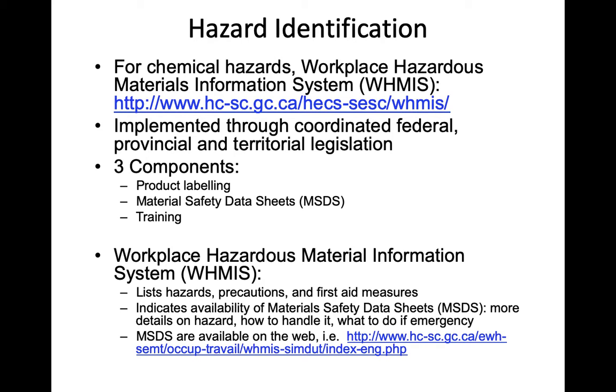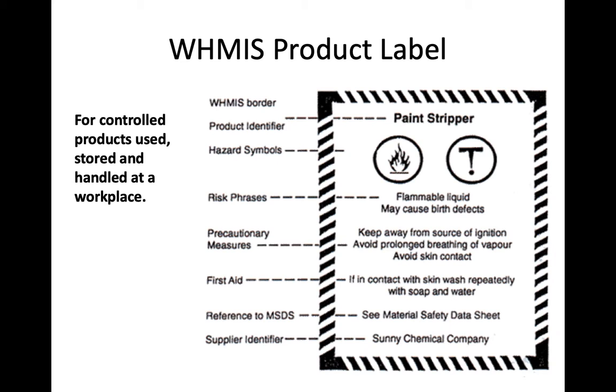There are three components: product labeling, material safety data sheets, and training. In WHMIS, they list the hazards, precautions, and first aid measures. This indicates availability of an MSDS, which includes details on the hazards, how to handle it, and what to do in an emergency. There are more resources available at the links I've provided.